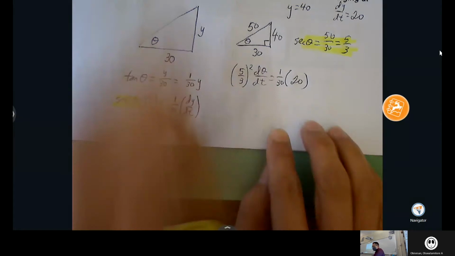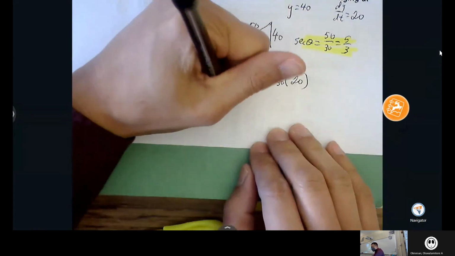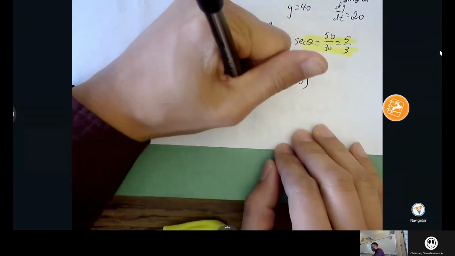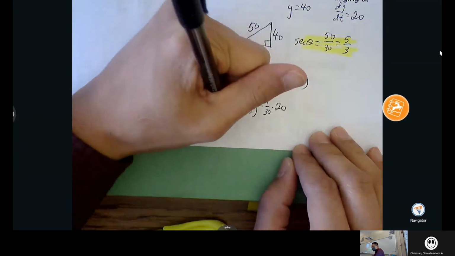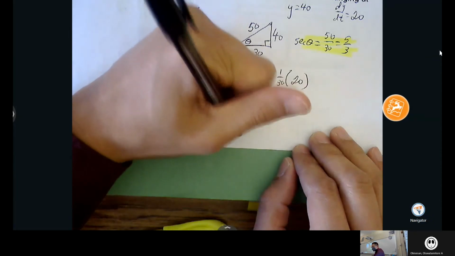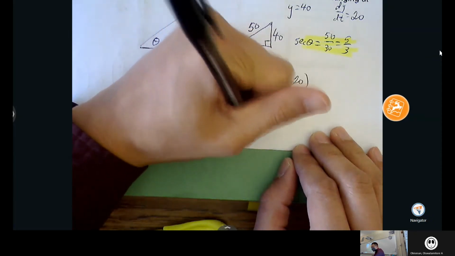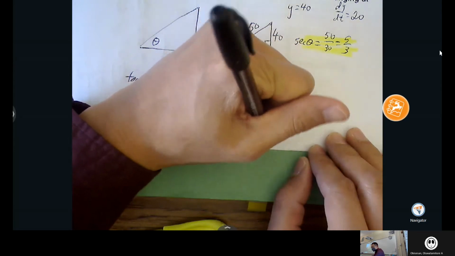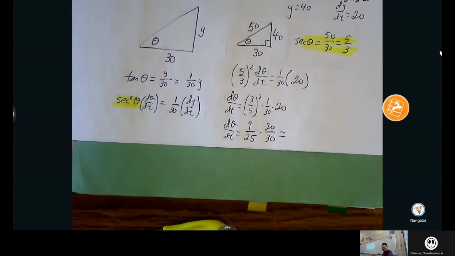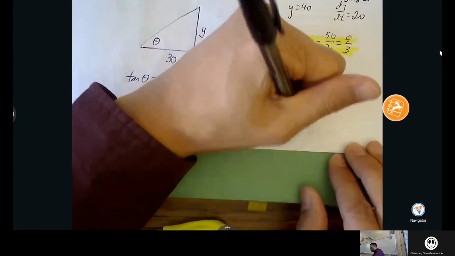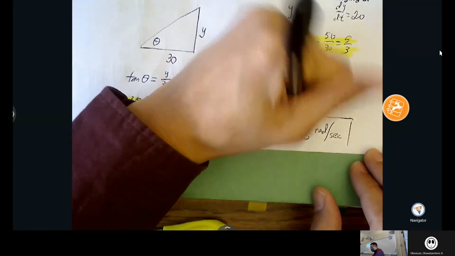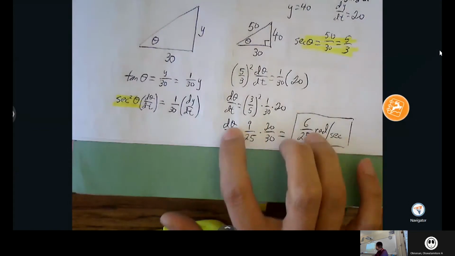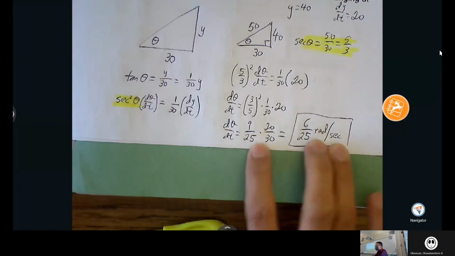Okay, I'll flip that 5/3 over to the right side. Theta is always going to be radians. Time is, in this case, seconds, so 6/25.